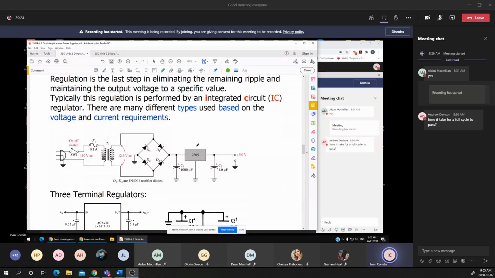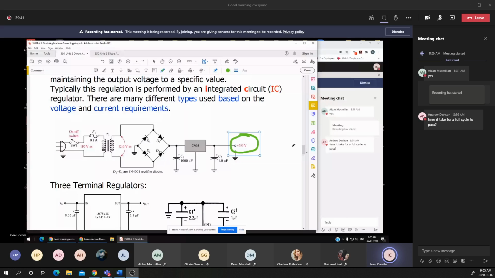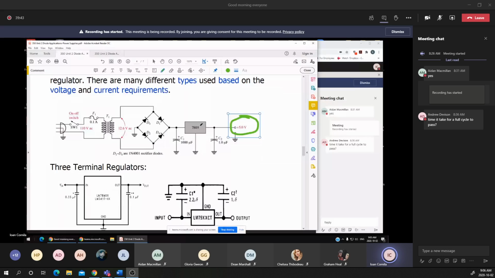Now, usually we are having a positive output voltage. Sorry, that's the output positive voltage, and this is what we are looking for, to obtain a constant 5 volts. Usually for a positive output voltage, you notice that it's positive 5 volts.